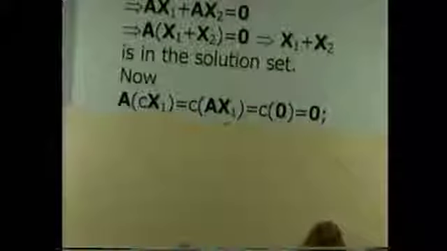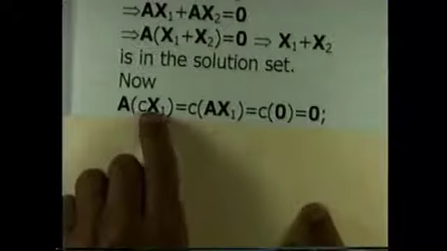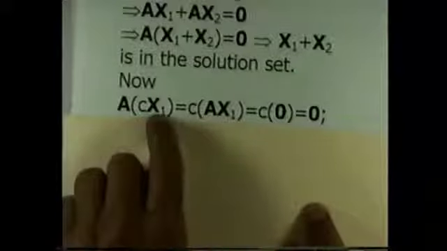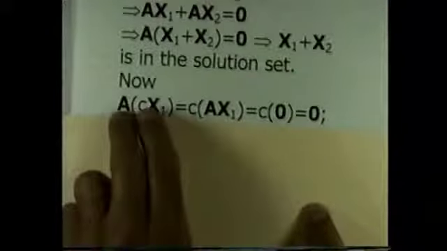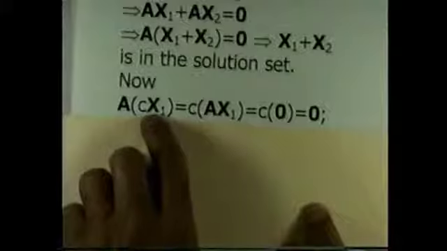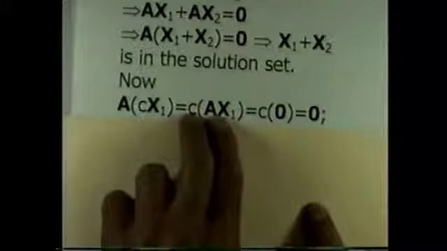Now let's consider scalar multiplication. A times c x1. We're seeing if I can multiply by the scalar c times x1 and show that c times x1 is a solution. A times c x1 is c times A x1 by using the associative property.